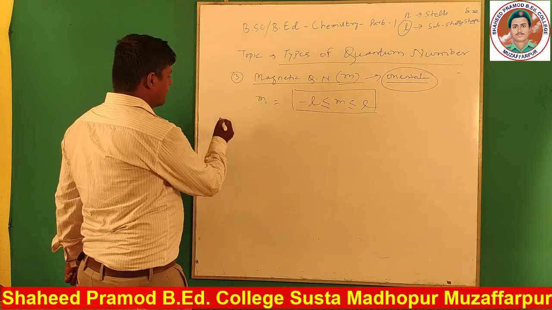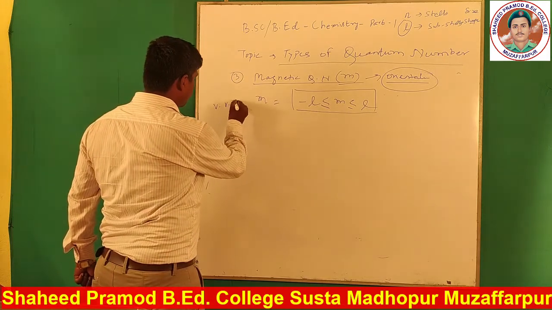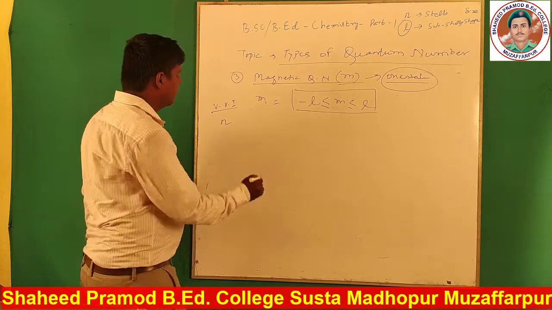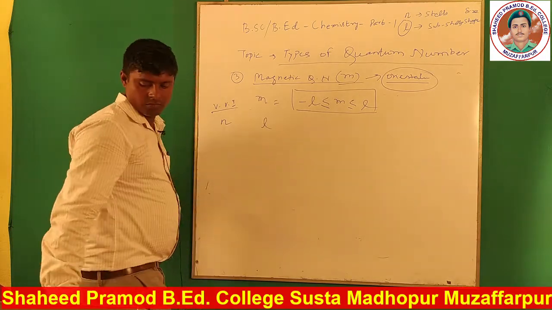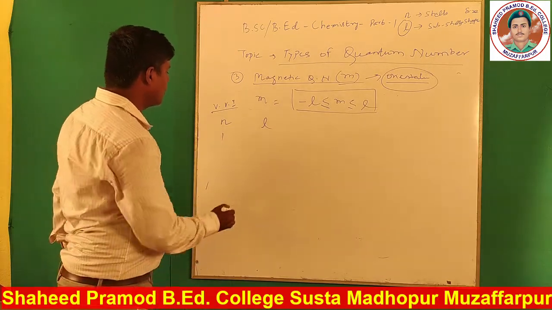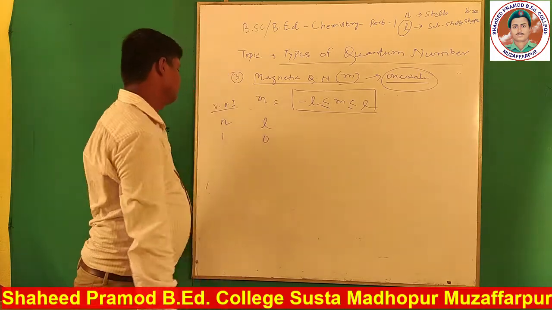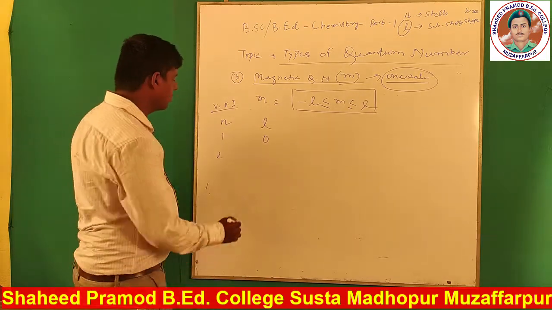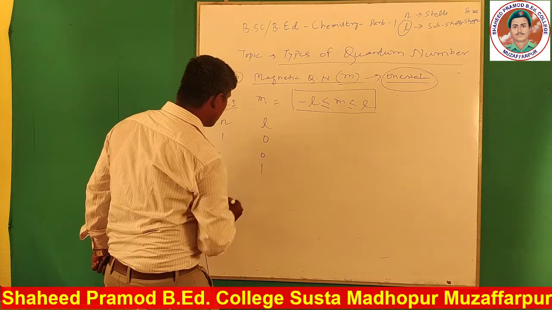See, this table is very important. Here is n, the principal quantum number, and that is L. For n is equal to 1, what will be L? That is 0. For n is equal to 2, L is 0 and 1.